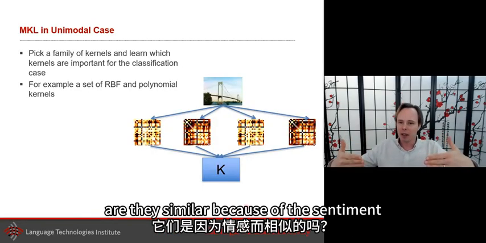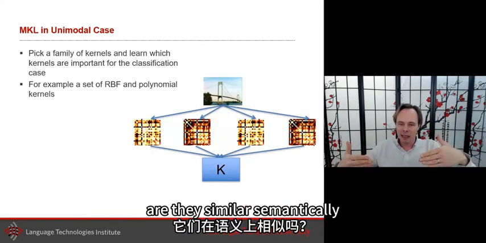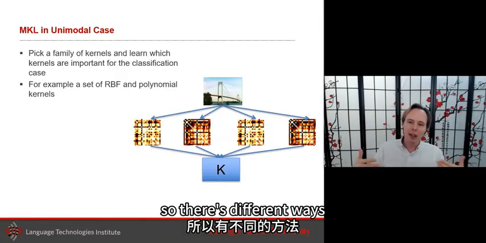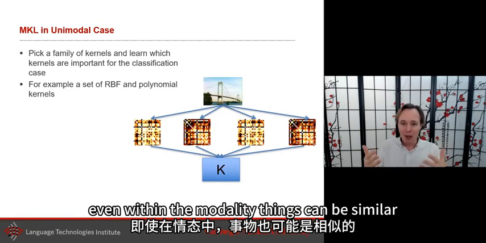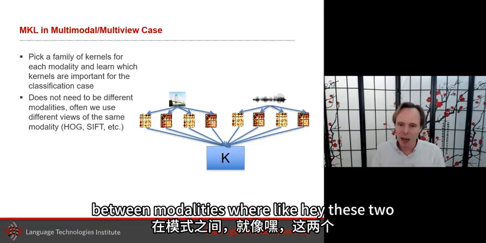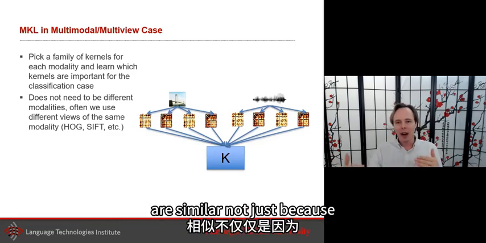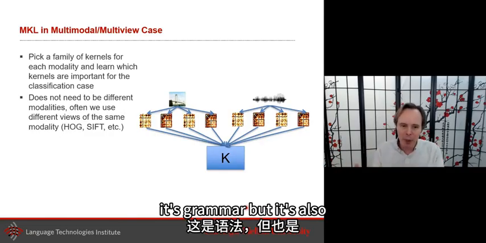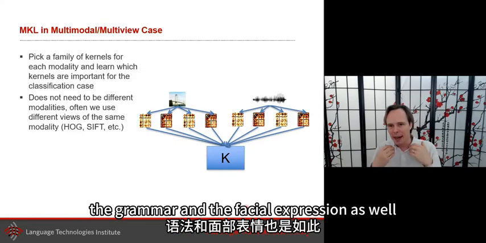Are they similar because of the sentiment? Are they similar semantically? So there are different ways, even within the modality, that things can be similar. And then there are also ways between modalities, where these two are similar not just because of the grammar, but also the grammar and the facial expression as well.